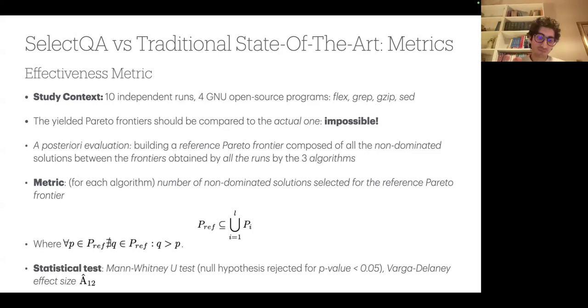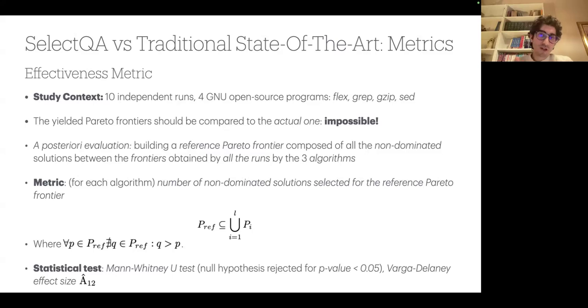Now, to make the actual comparison between multi-objective optimization algorithms, which return a Pareto frontier, we should compute the actual Pareto frontier and see which of the algorithms produces the Pareto frontier that is the nearest one to the actual Pareto frontier. But computing the Pareto frontier for such a complex problem is unfeasible.